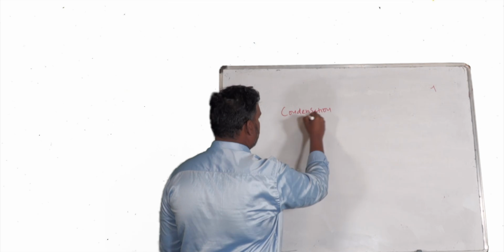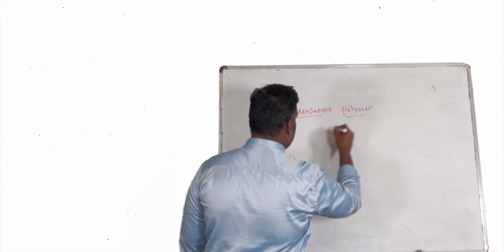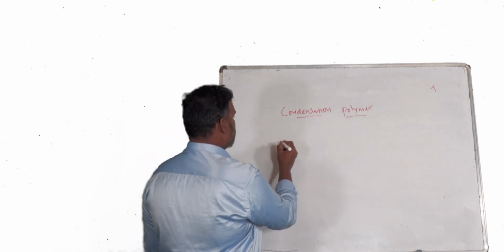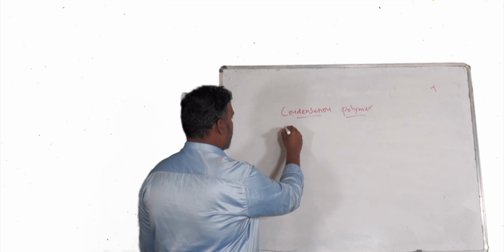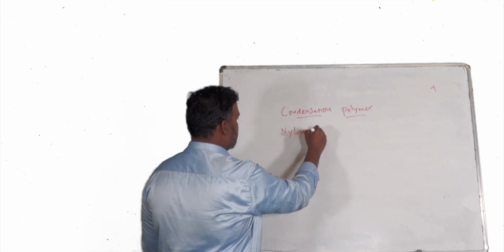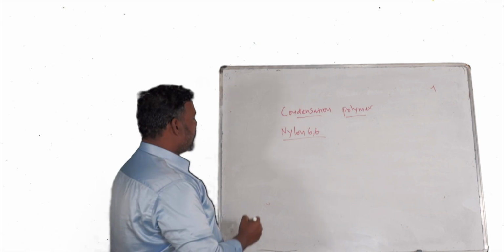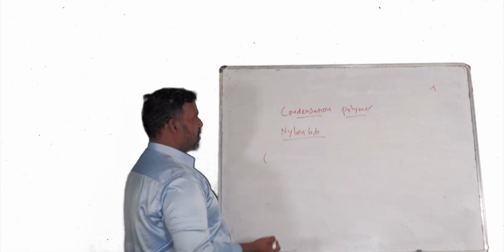In a condensation polymerization, two monomers will be participating. I'm just drawing a basic structure. So let's see the preparation of nylon 6,6. This is prepared using 2 different monomers, and I'll explain condensation polymerization.